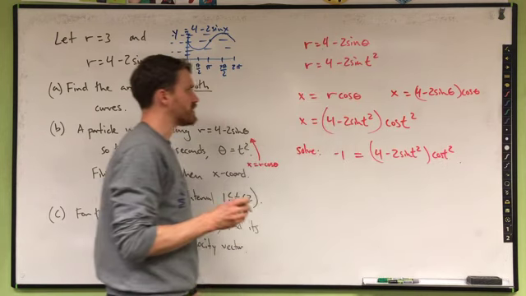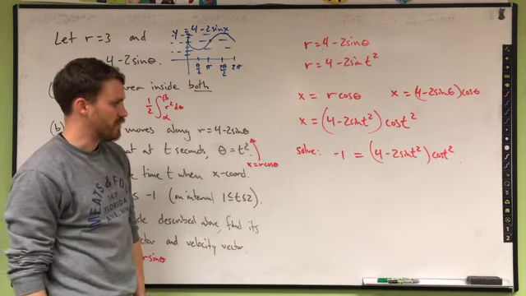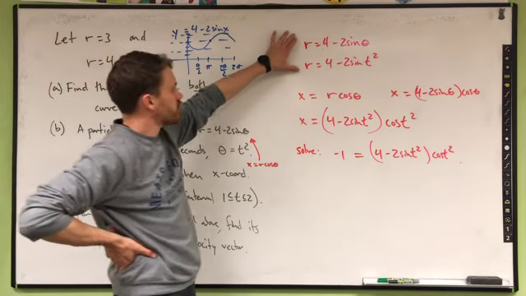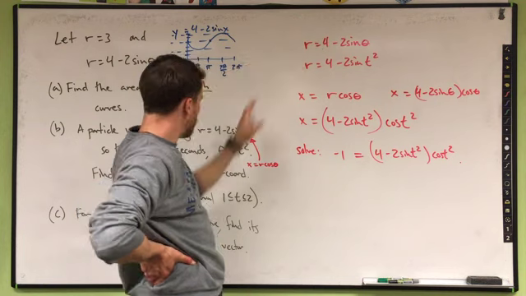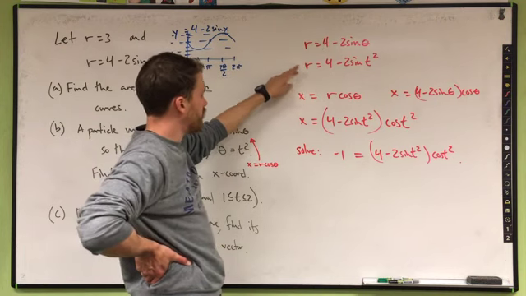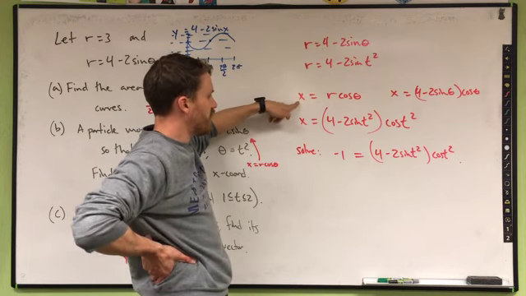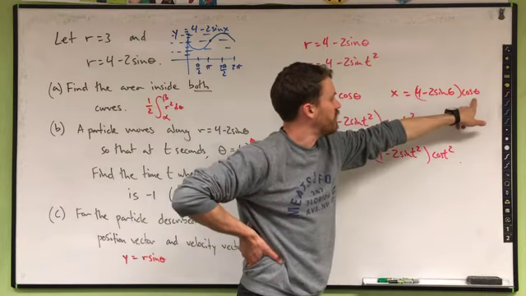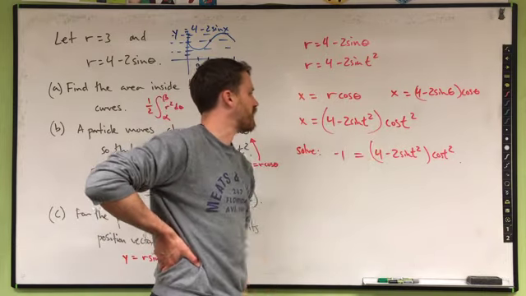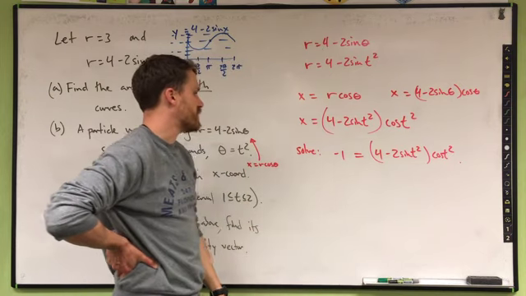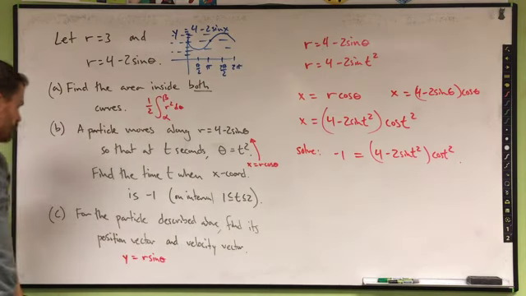So at that point, it's pretty straightforward to do on your calculator. Remember, here's r. So this is r in terms of t, because theta was given as t squared. But x is r cosine theta always. So that would be r cosine theta, where r is 4 minus 2 sine theta. Plugging in t squared, you get this, your x-coordinate at any time t. Then set it equal to -1 and solve for t.